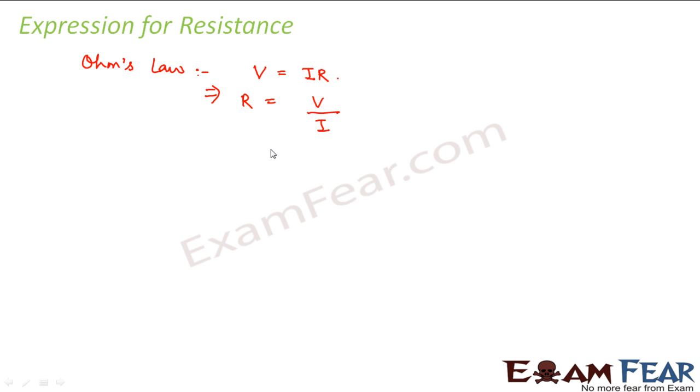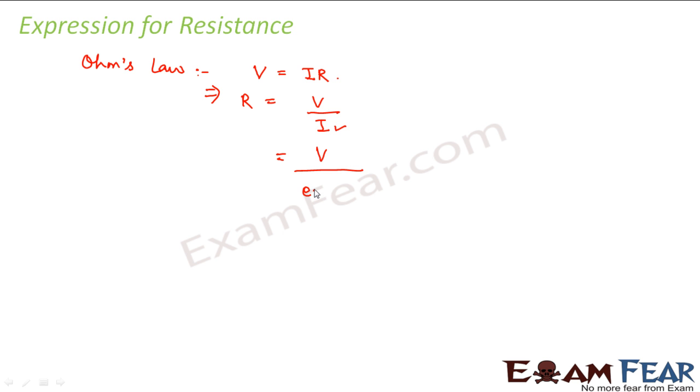Now what is this I? This I is the current flowing through the conductor. In our previous slides, while we were talking about drift velocity, we found out a relationship between current and drift velocity, right? So according to that, what is current?